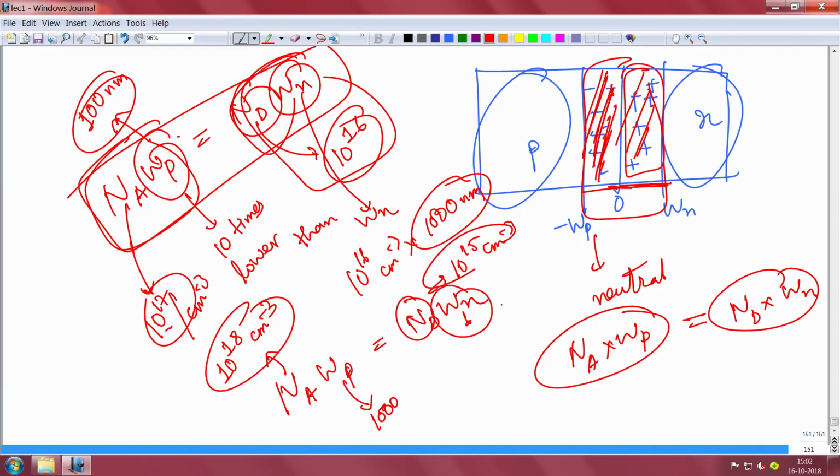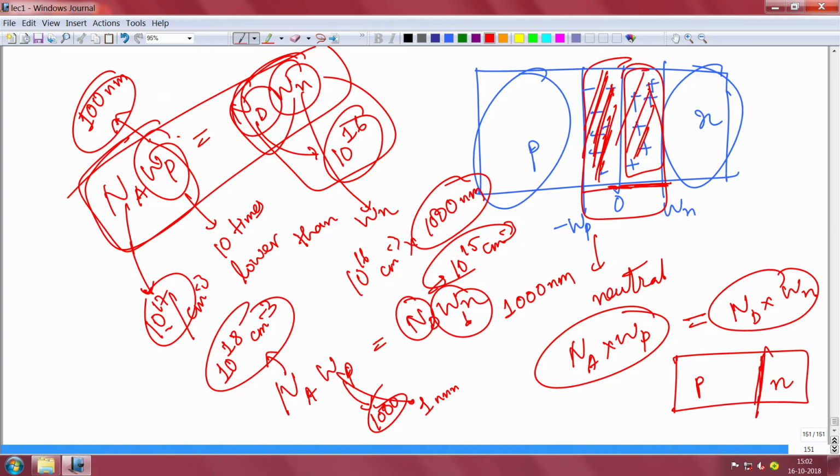So if this quantity is say 1000 nanometer, then this quantity Wp will be only 1 nanometer, which means in a realistic diagram when you draw, this is P, this is N, this will be almost negligible, only 1 nanometer. On the other hand, this will be 1000 nanometer. So total depletion width will be Wn plus Wp is equal to W. 1 nanometer plus 1000 nanometer is equal to 1001 nanometer, which is almost the same as 1000.